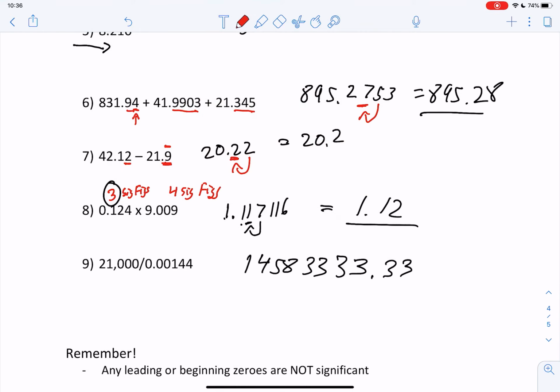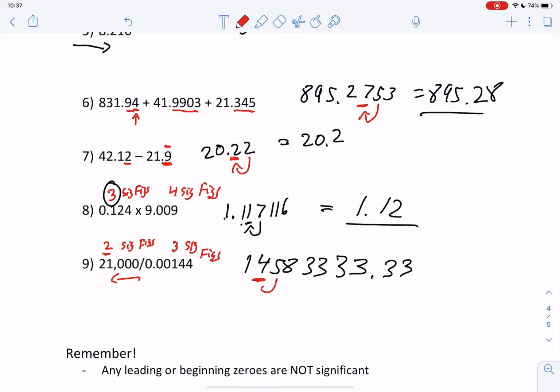This one is 2. Right, it's a whole number, there's no decimal, so we go right to left. And this one has a decimal present, so we go left to right. This one has 3 sig figs. So our answer is going to be to 2 significant figures, and which will go right here.